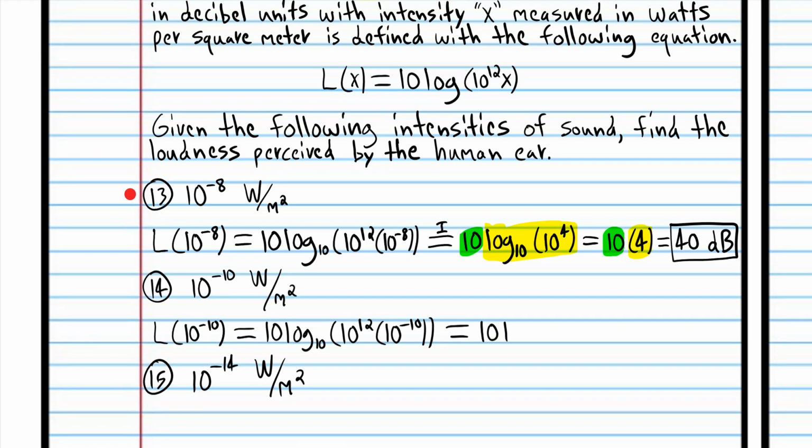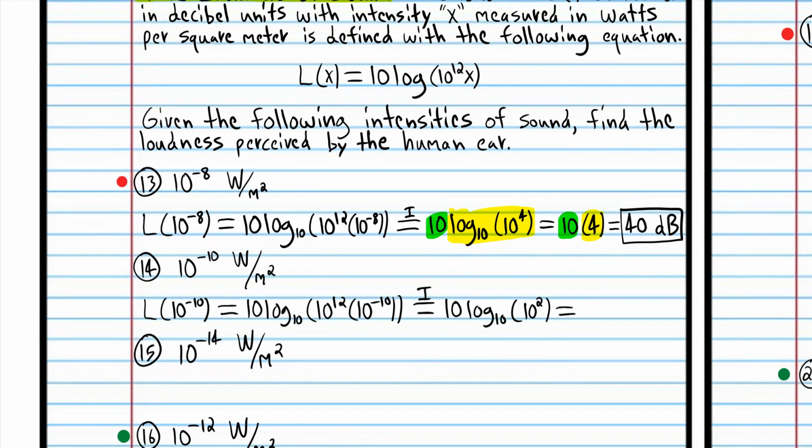And remember, we have to simplify the inner part. So we're going to use exponent rule number 1 to combine these purple expressions. When we're multiplying powers, we just add the exponents and we get 10 to the second power.